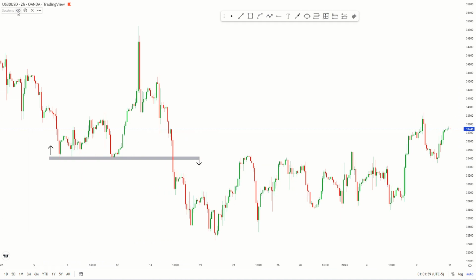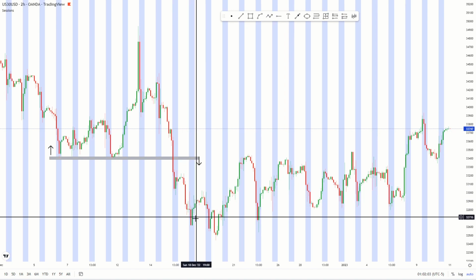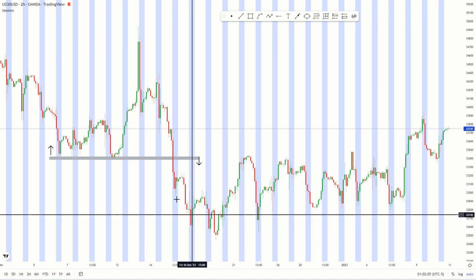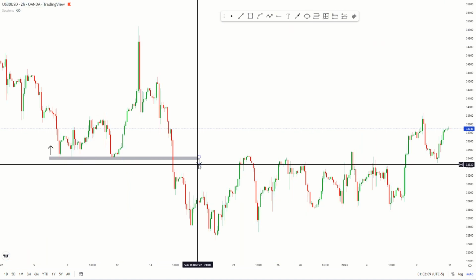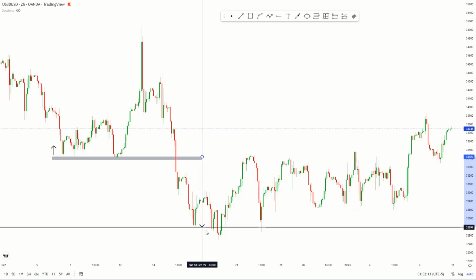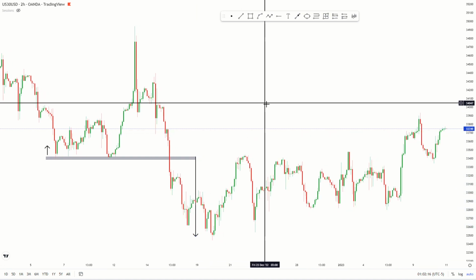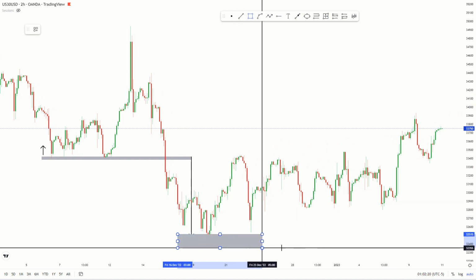I'm pretty sure this was during a New York session. So during one New York session, it finished over here, ended up all the way down here. So this will tell me sellers were in control until price came all the way down to this level. This is as far as sellers took it, all the way down here.